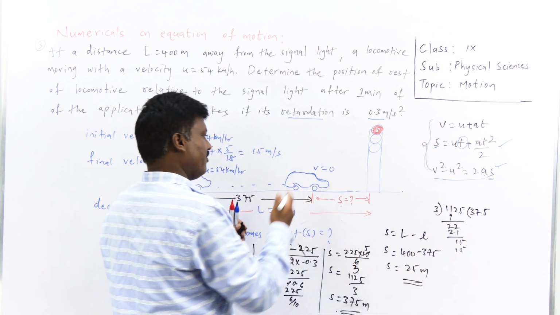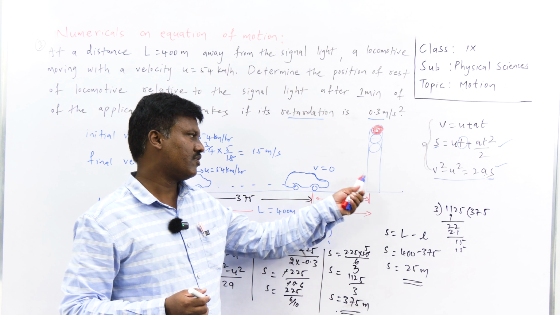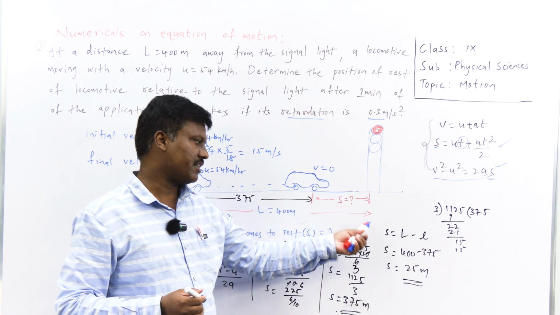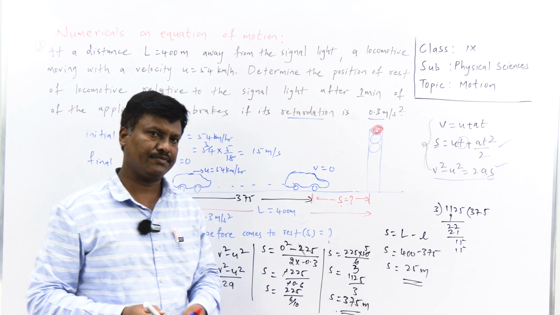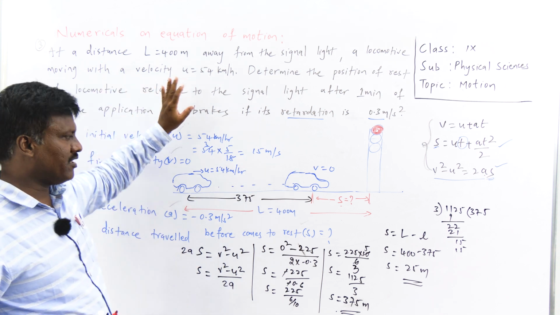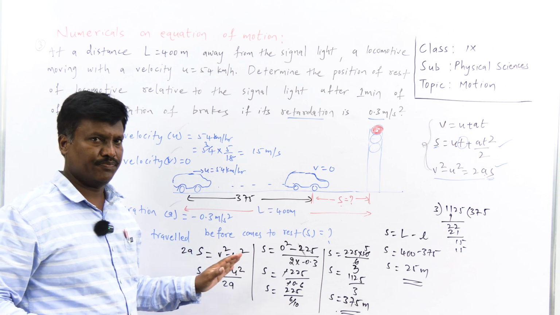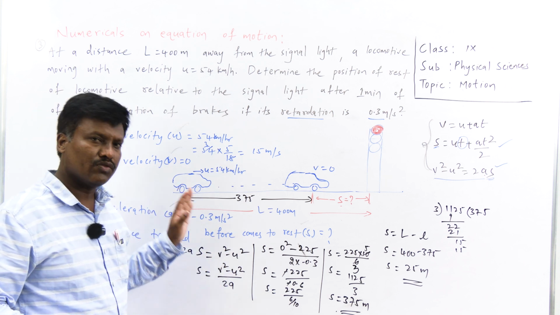So this vehicle comes to rest just 25 meters before the signal light. If you read this question, it creates a lot of confusion, so this is the easy way to understand the problem. Please note down this problem.